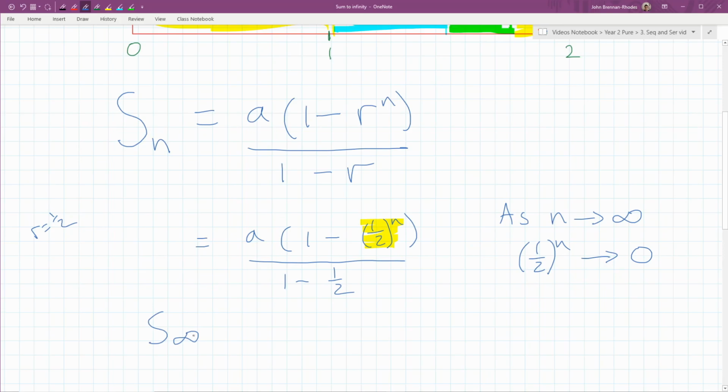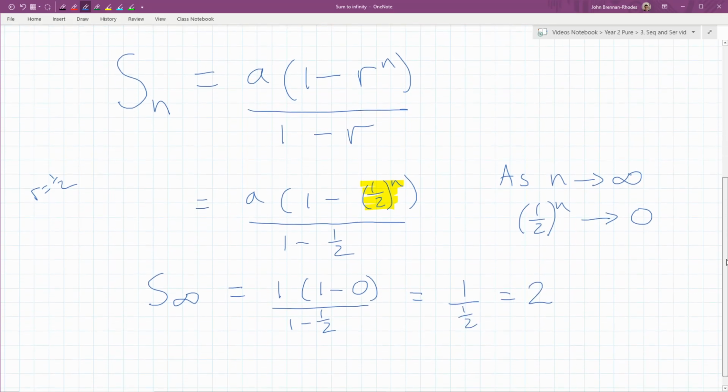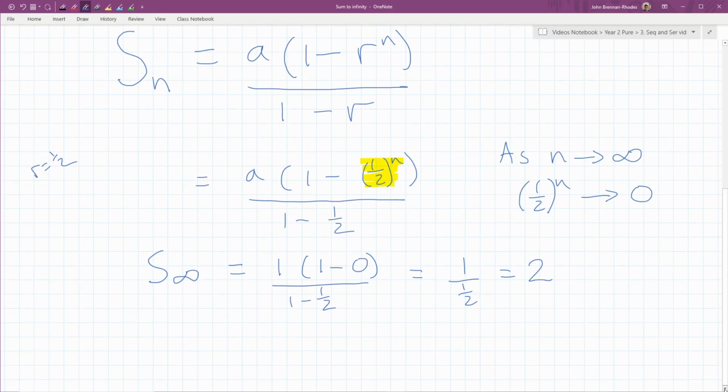So S infinity, if you add up an infinite number of times, we actually get A, 1 minus 0 over 1 minus a half. Well, in this case, actually A is 1. So this becomes 1 over a half, which is equal to 2. And that shows why we got 2 from above.